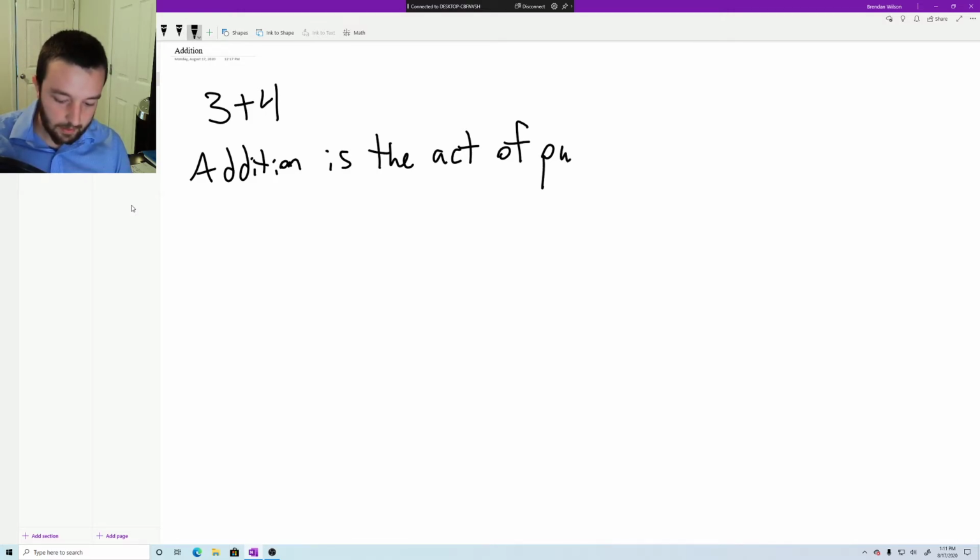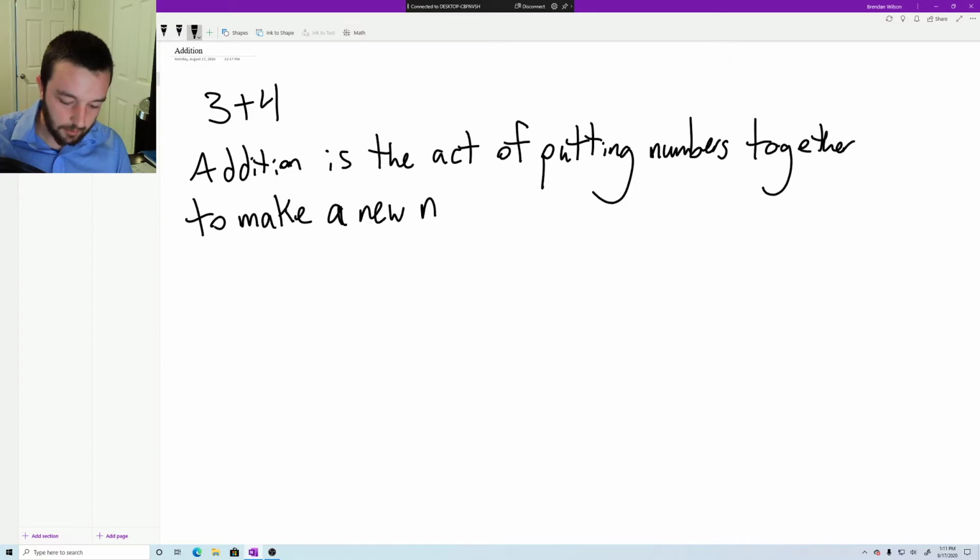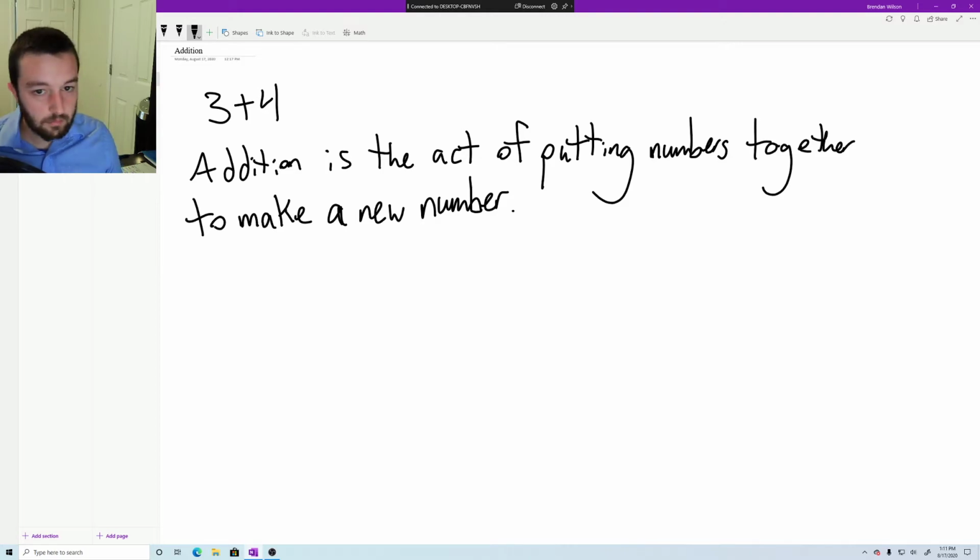So addition is the act of putting numbers together to make a new number. That's a very rough definition.